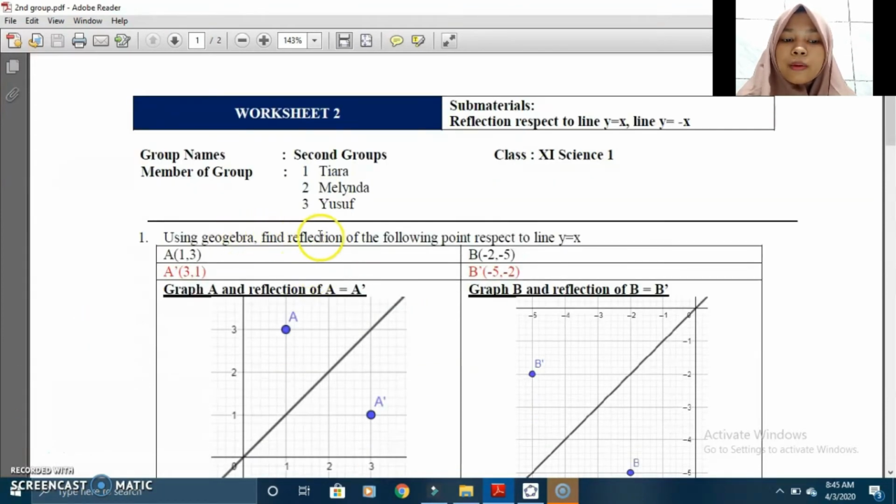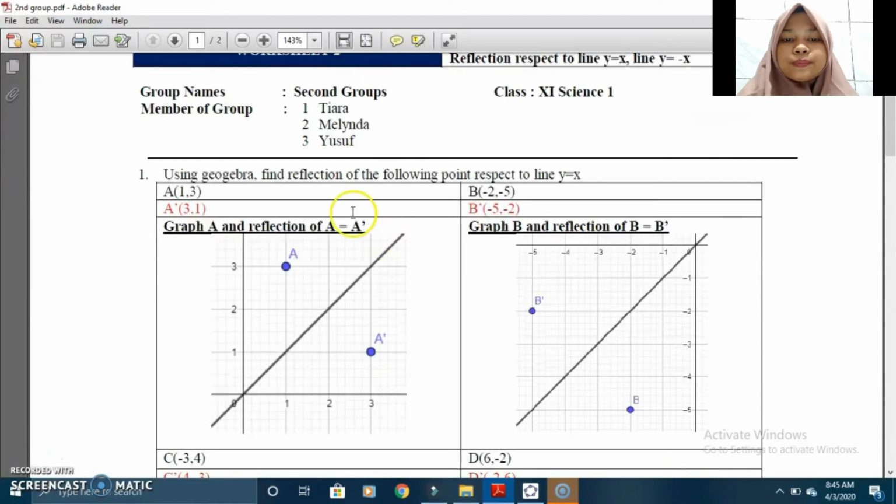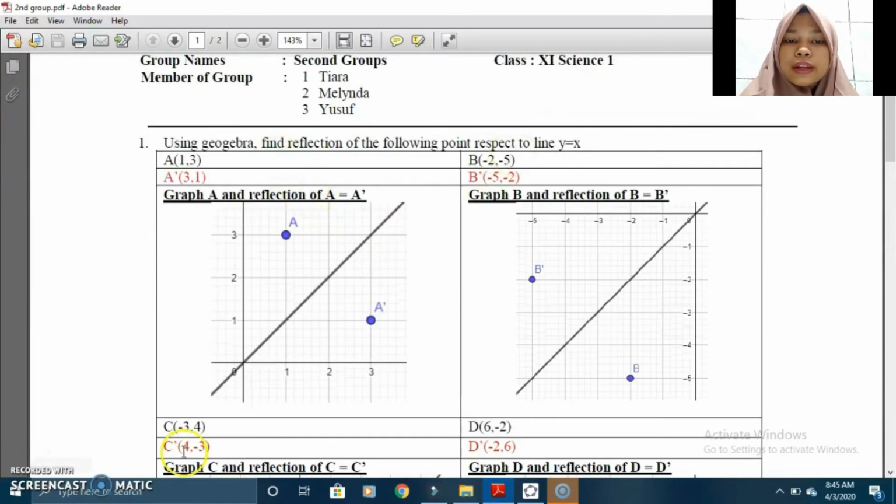Using GeoGebra, find the reflection of the following points with respect to the line y equals x. Given points A, B, C, and D, with A is (1,3), B is (minus 2,5), C is (minus 3,4), and D is (6,2).